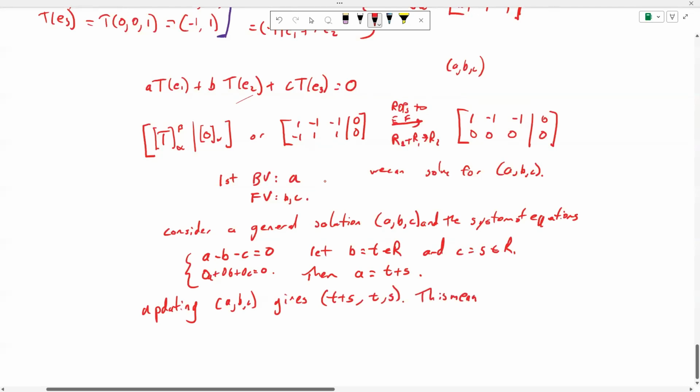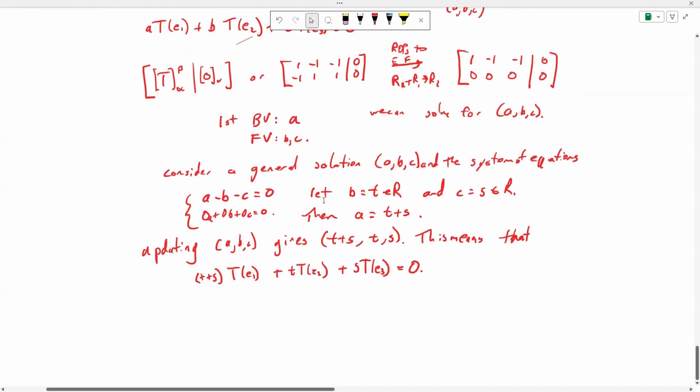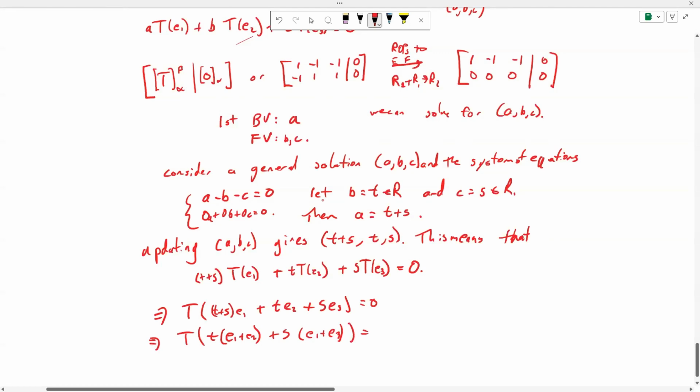This means that (t plus s) T(E1) plus t T(E2) plus s T(E3) equals 0, which implies that T((t plus s) E1 plus t E2 plus s E3) equals 0, which implies that T(t(E1 plus E2) plus s(E1 plus E3)) equals 0.